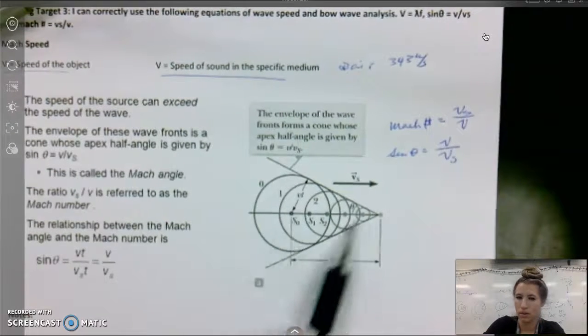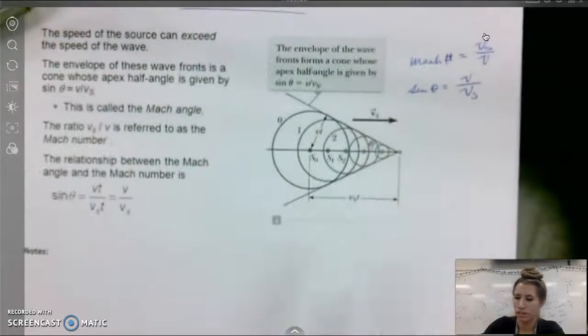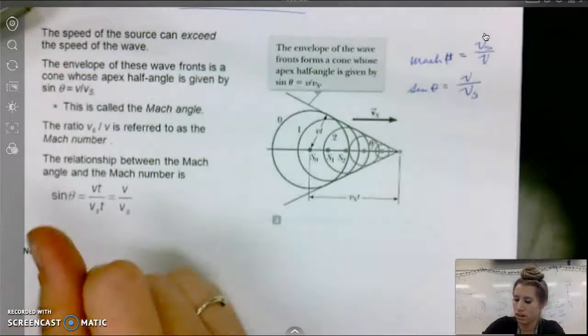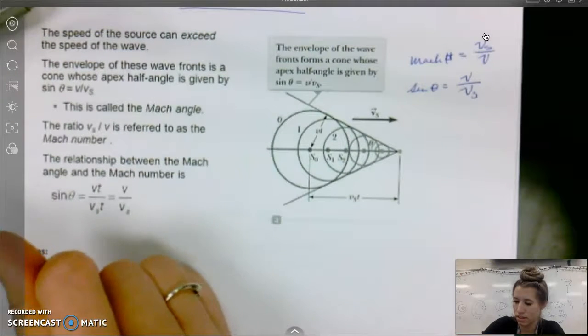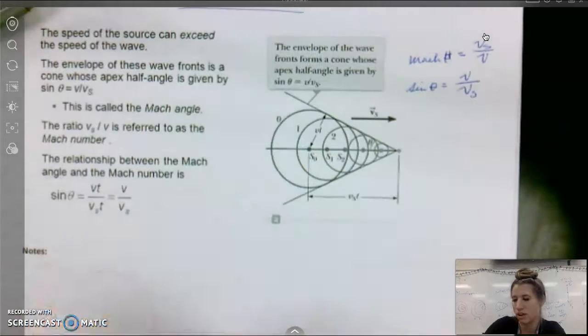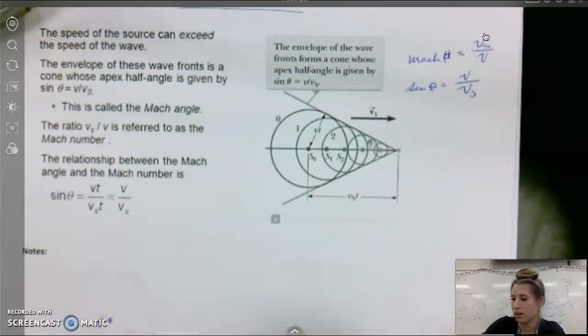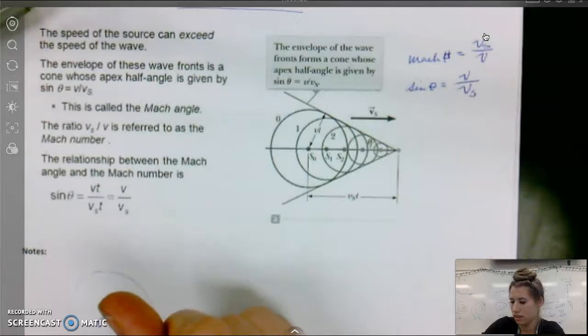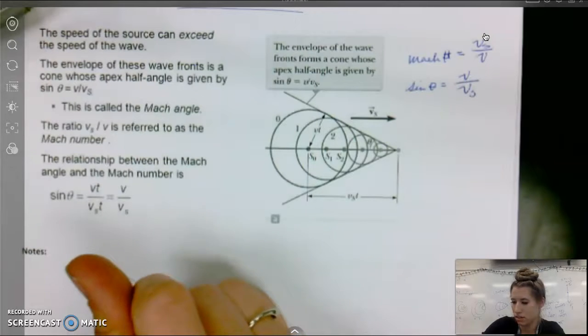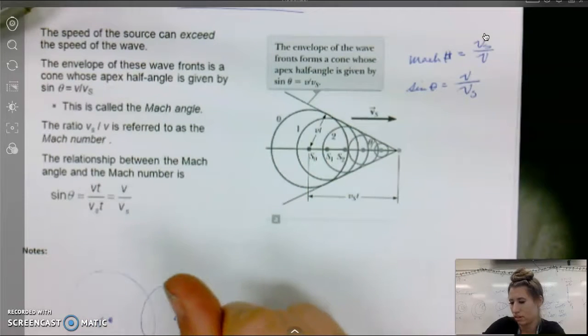Okay. So we're going to create this kind of image here, saying like the object is here and it creates a sound, and that sound travels, right? And then we're here, and the sound travels.